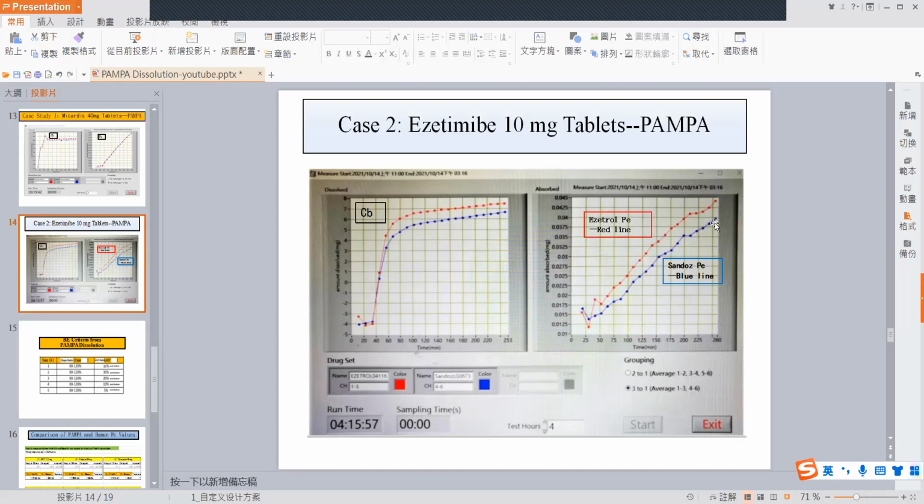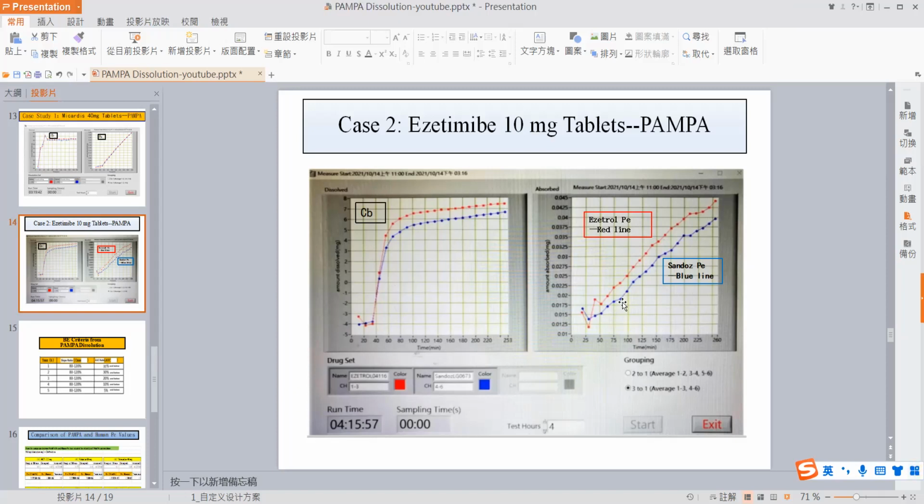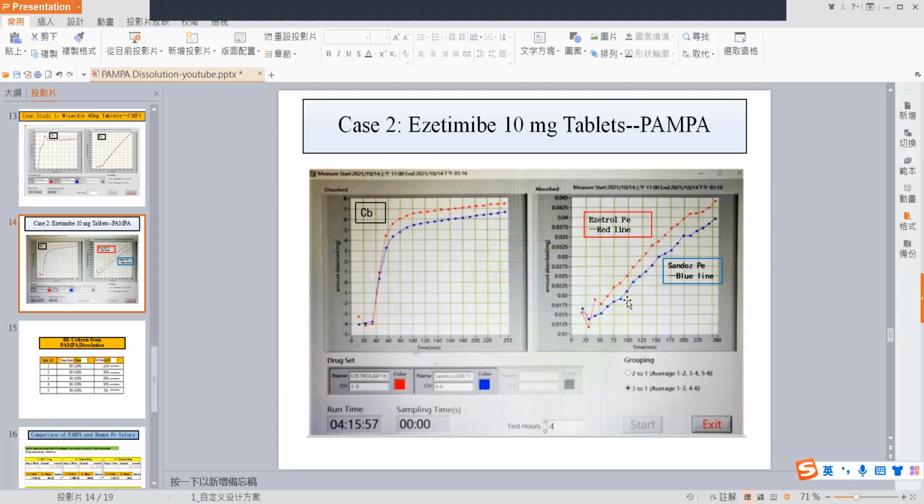In this case, definitely just by eye, you can see their slopes are fairly close in terms of Sandoz versus Zetia. So you can see that this Cmax will pass. And for the AUC, by integration, we know that the Sandoz will be slightly lower than the red one, right? But after integration, we found that it will be above 80% also.